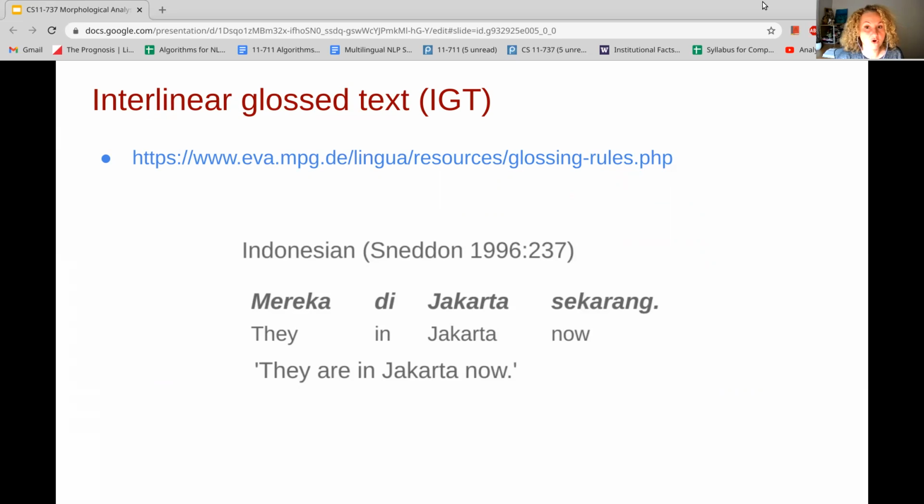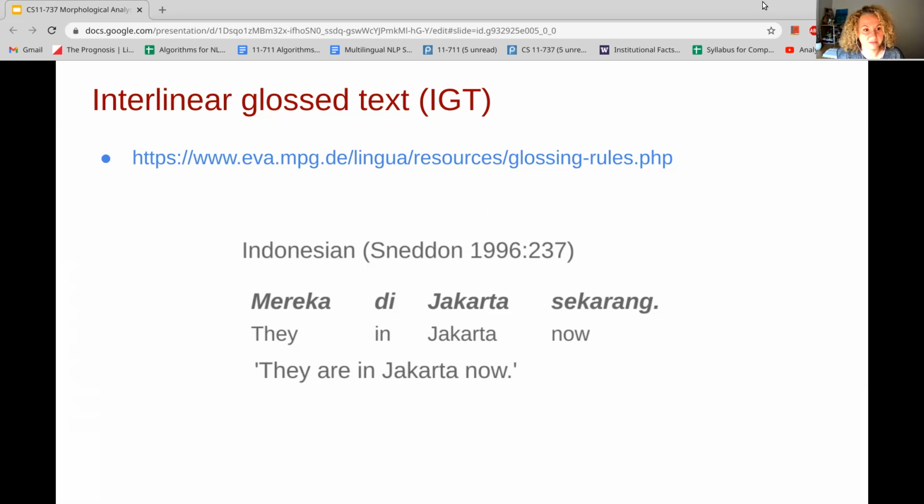So how do we formally discuss morphological properties of a language and learn about a language's morphology in linguistics? In linguistics, we introduce interlinear gloss text, IGT. Interlinear gloss text is a standard way to explain the structure and properties of the language via examples.